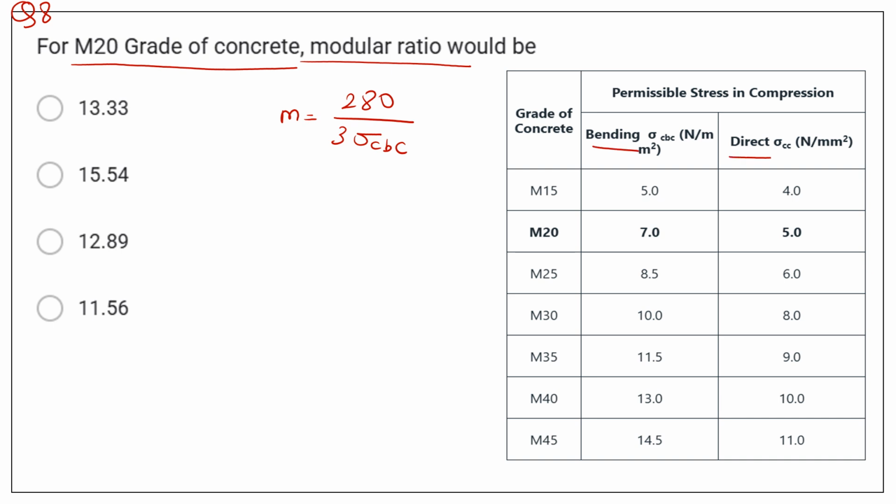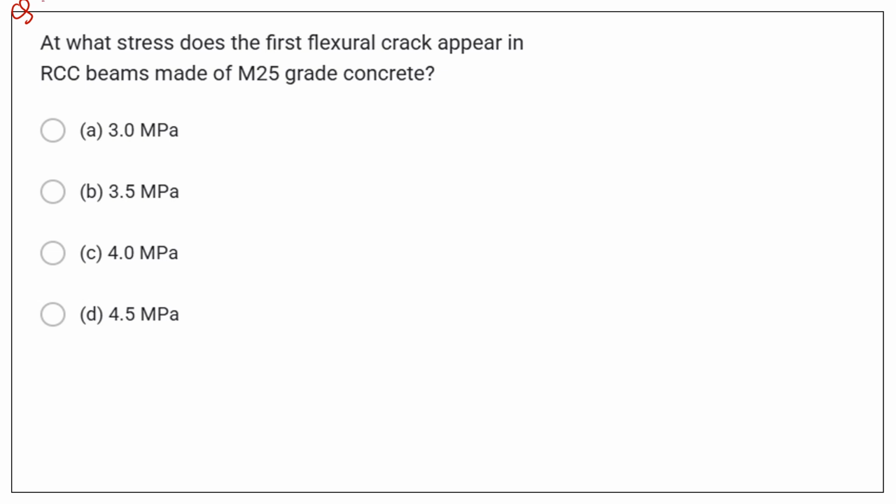So bending stress is sigma CBC and the value for M20 grade is 7. Put the 7 into this formula, 280 divided by 3 into 7, and this modular ratio is equal to 13.33. So option number 1 is correct.